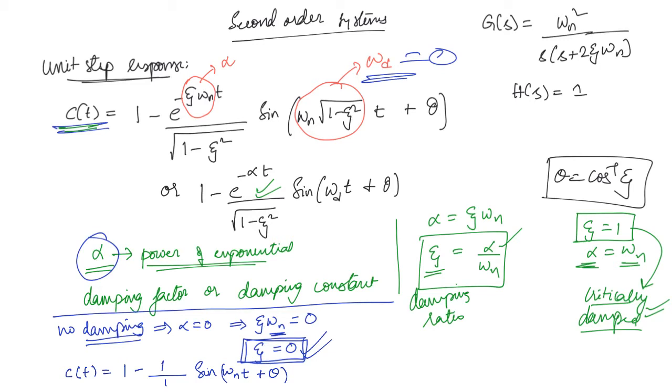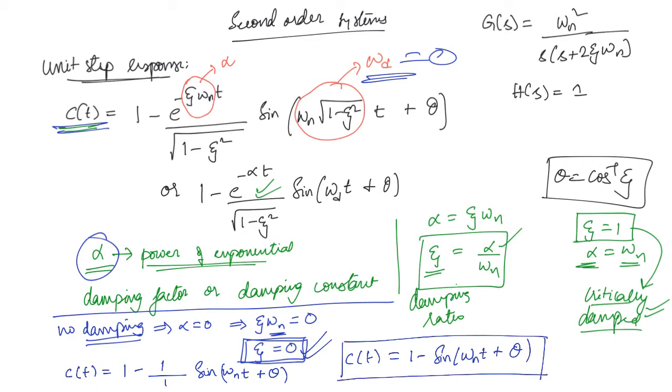So you can get the output C of t simply equal to 1 minus sine omega n t plus theta. You can see that this will now become a sinusoidal function with an average value of 1. That means there is no damping. The oscillations will occur in a sustained manner.